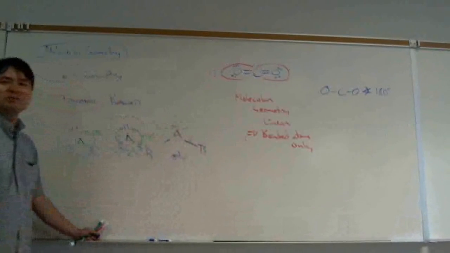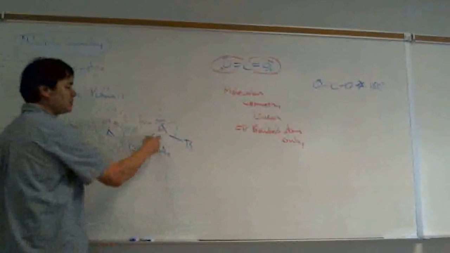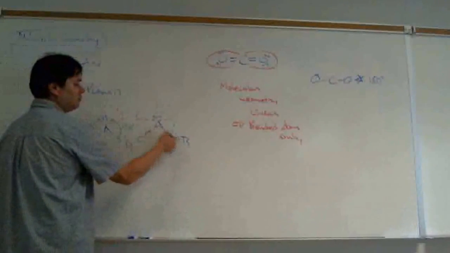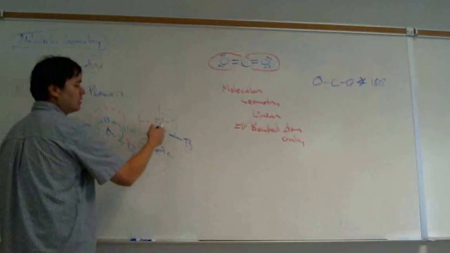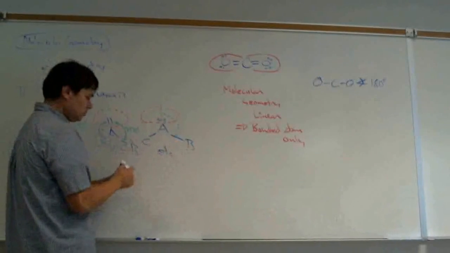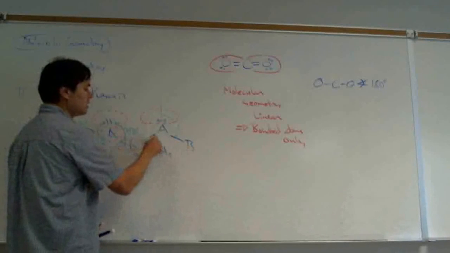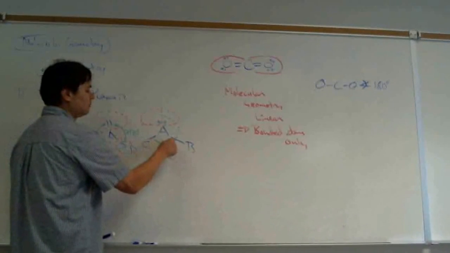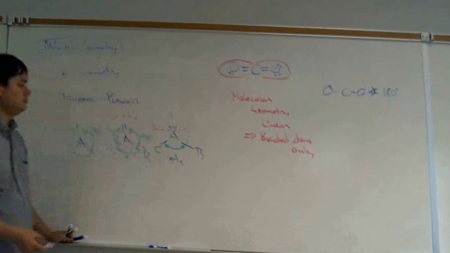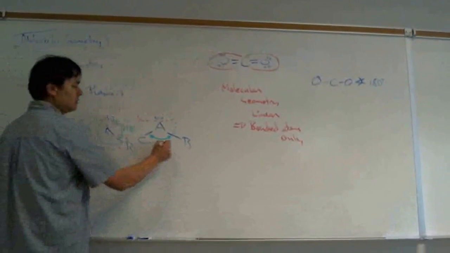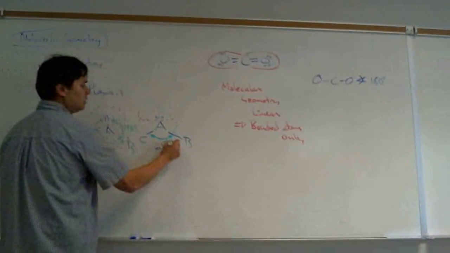Can we pinpoint atoms? Yeah, we can pinpoint atoms. So we can pinpoint 3 atoms, C, A, B. We can pinpoint those, but we can't pinpoint electrons, lone pair A, B. And so the only angle that we're going to measure is this angle here. That angle is less than 120 degrees.